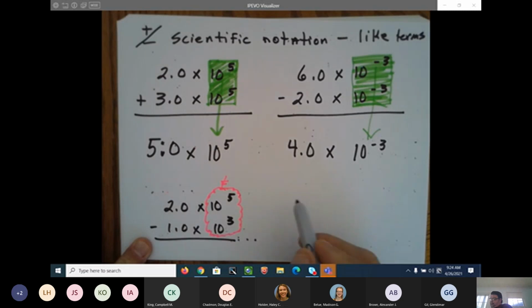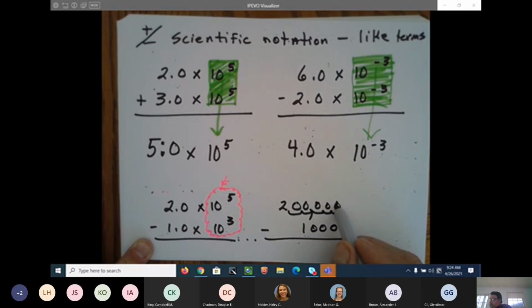So 2, 1, 2, 3, 4, 5. 200,000 minus, well, that's going to be 2 zeros, so that's going to be 1,000. And the zeros cancel to 0.